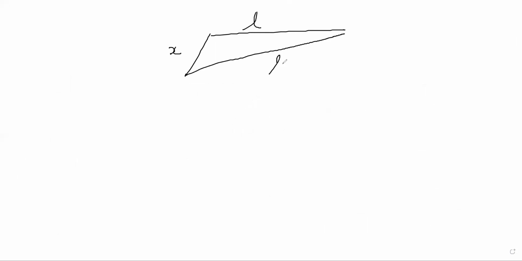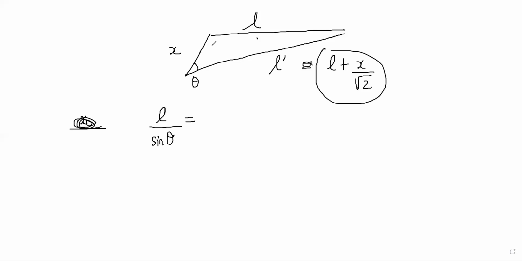We know L dash is almost equal to L plus x by root 2, right? So this angle theta is basically, okay, it's fine, we can use the sine rule actually. This angle I don't know, so I will not use that. I'll say L by sine theta is equal to this by sine 135.